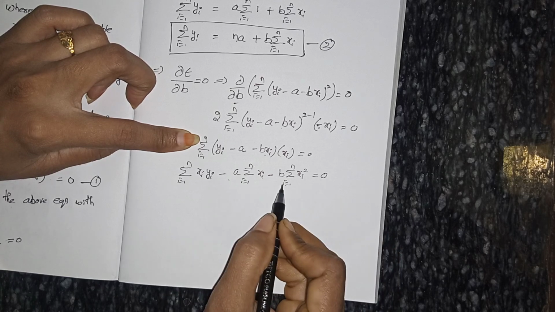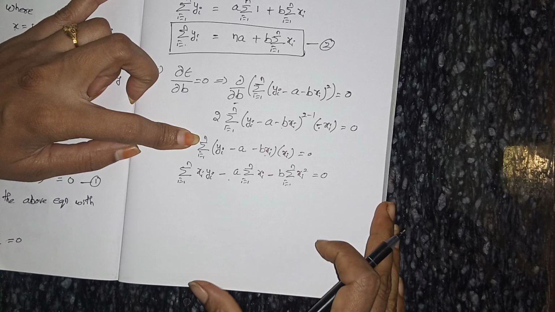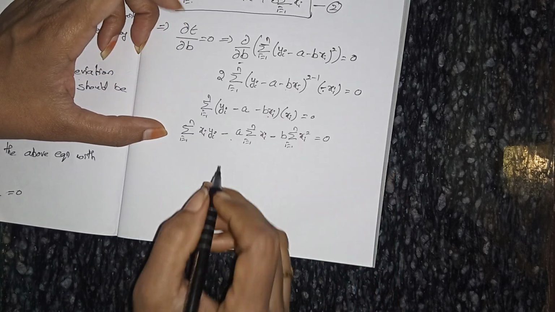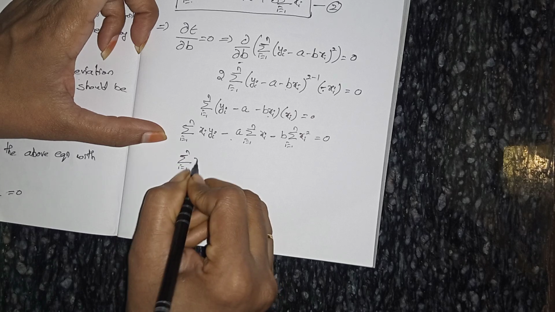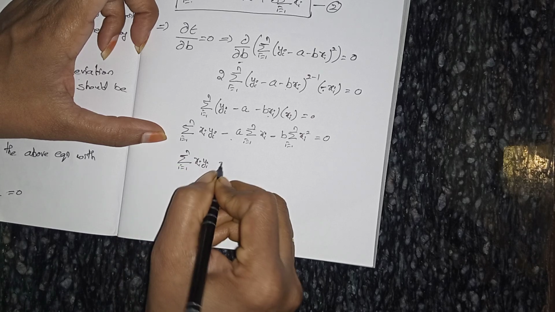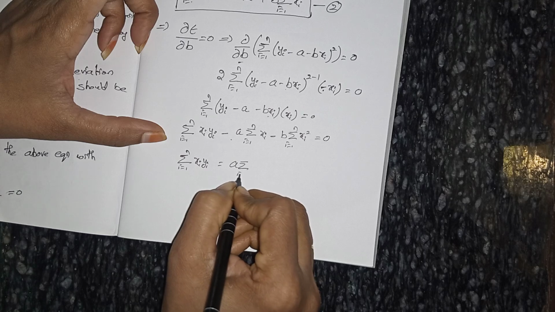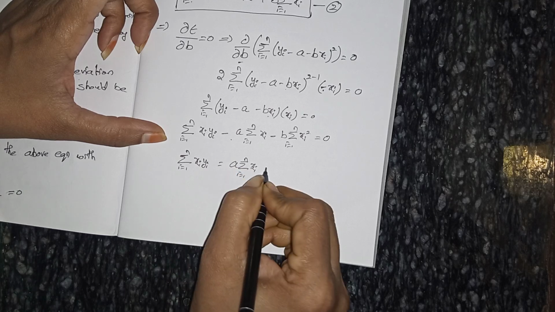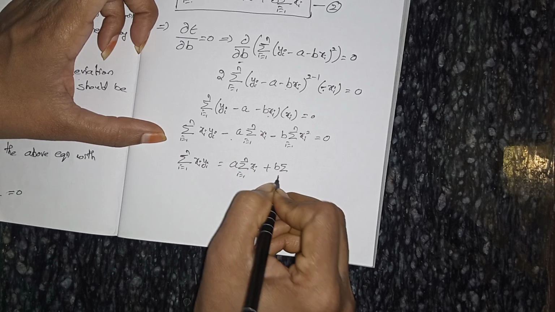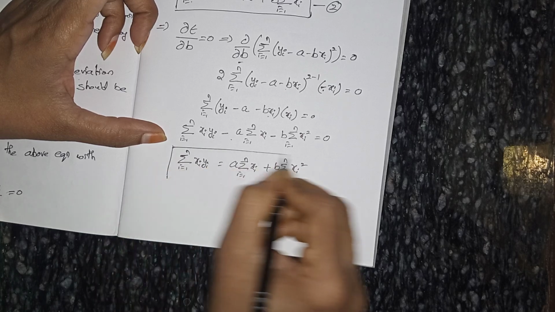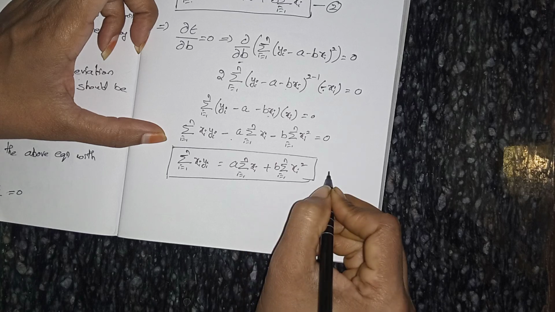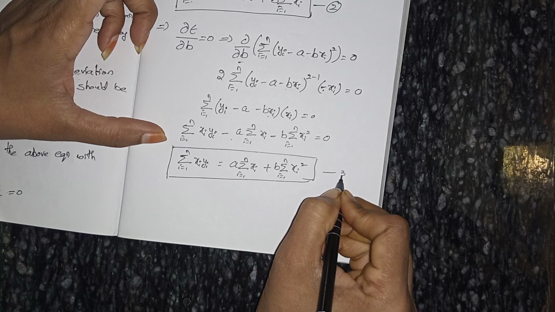So these both are negative terms. We have to make them positive terms by taking from LHS to RHS. So summation i equals 1 to n xi yi equals a summation i equals 1 to n xi plus b summation i equals 1 to n xi square. So this is what? Equation 3.